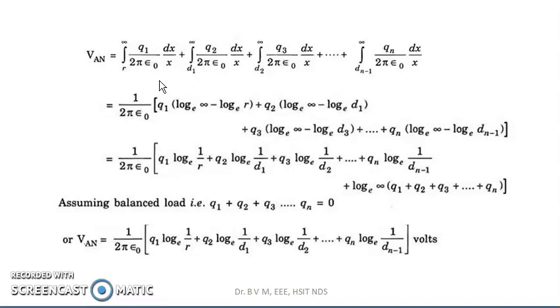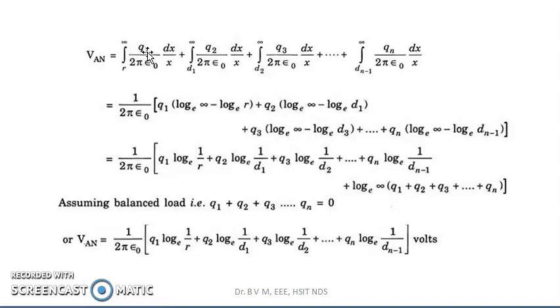Taking 1 by 2 pi epsilon naught common, we integrate Q1 dx by x. What is dx by x? Natural log.